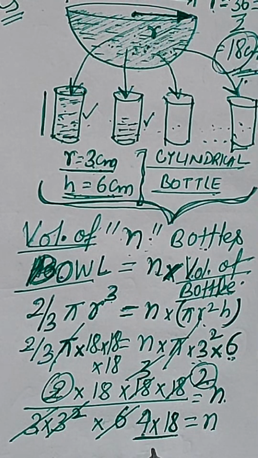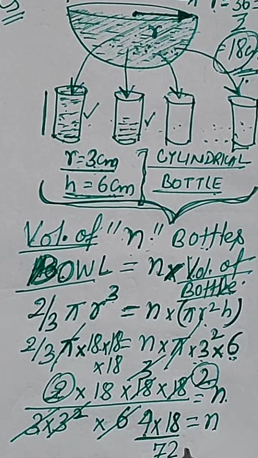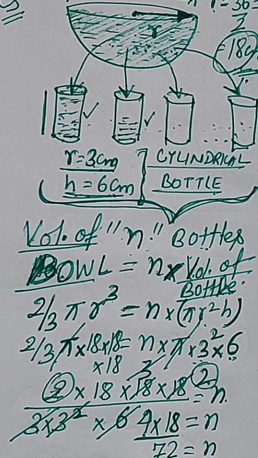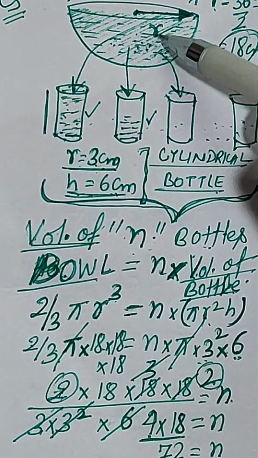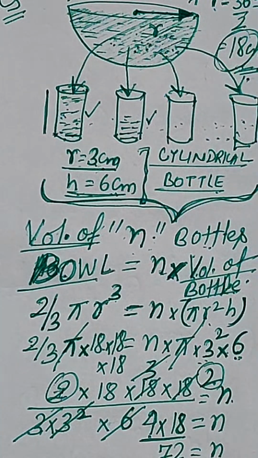So this is coming as 72 as the value of n. So 72 bottles will be used to empty the liquid which is kept inside this bowl. And Badshah 34, your answer is perfectly right.